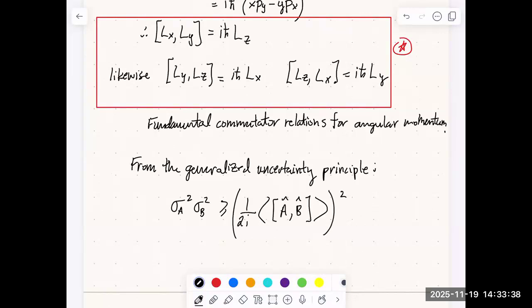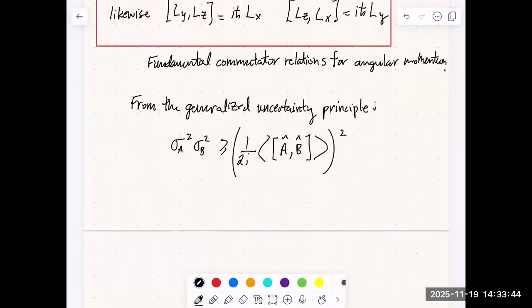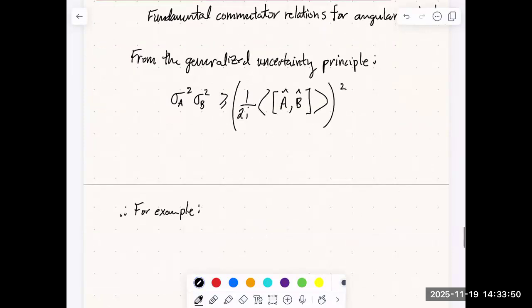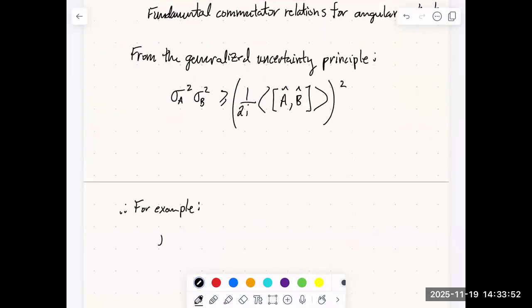So I want to do this for our angular momentum. For example, it must be the case that if I take the uncertainty of Lx and Ly, and I multiply them and square them, that has to be greater than or equal to, well, let's see.